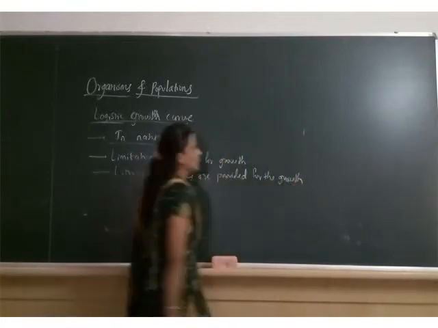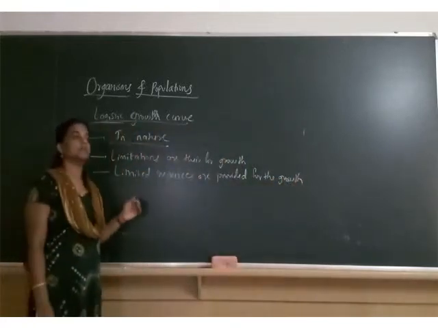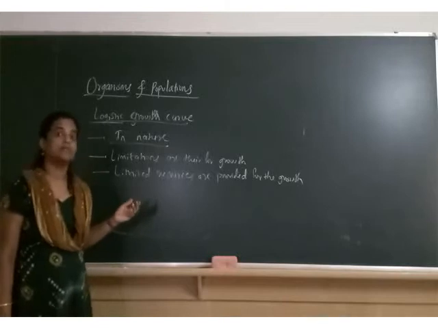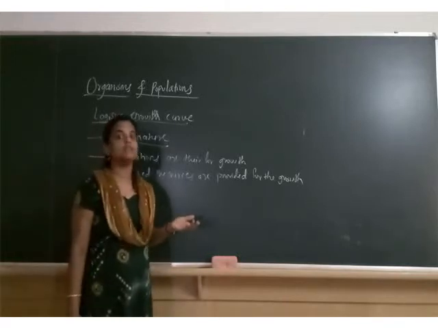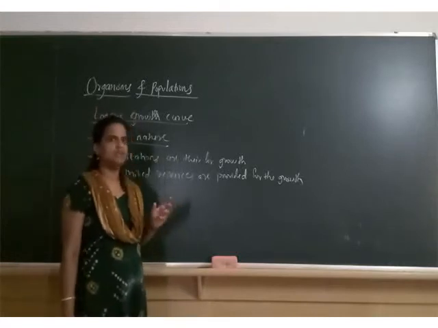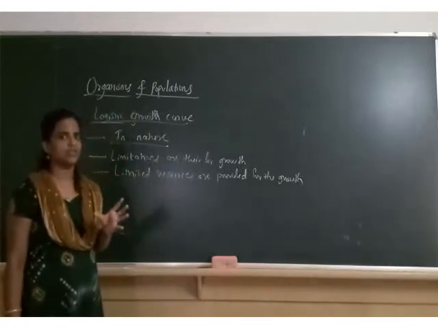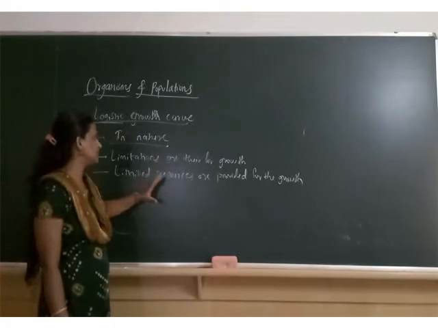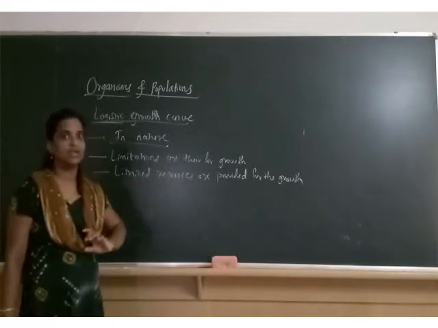Limited resources are sometimes temperature more, sometimes pressure more, sometimes water scarcity is there, sometimes there is food scarcity. These are the limitations of the resources. Limited resources are provided for the growth.